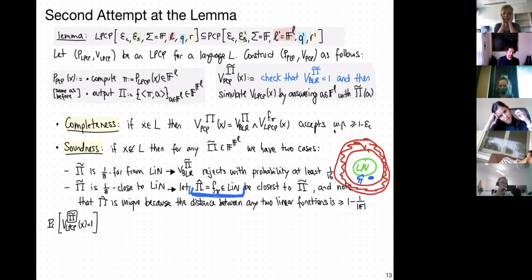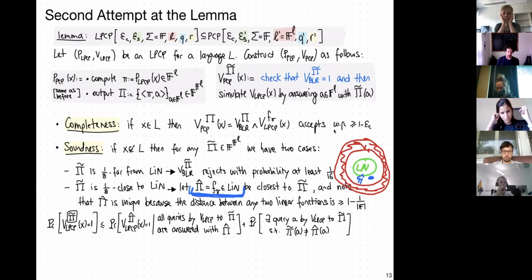And then what's happening in soundness? The probability that we'll accept this false proof can be split into two different cases. One is the probability that we'll accept, given that all of the queries that we've made are on places where the real linear function and the noisy function agree.